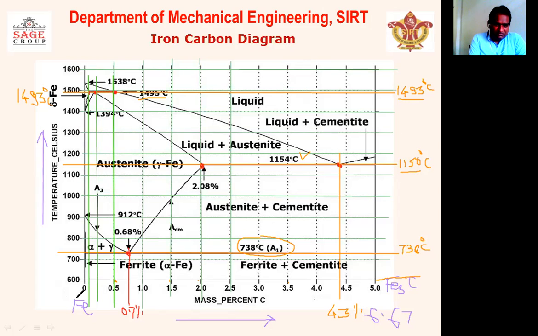Here it is 0.1%. Here the weight percentage of carbon is 2%. And here the weight percentage of carbon is 5%. In this way we mark all these 3 points on the peritectic temperature line.